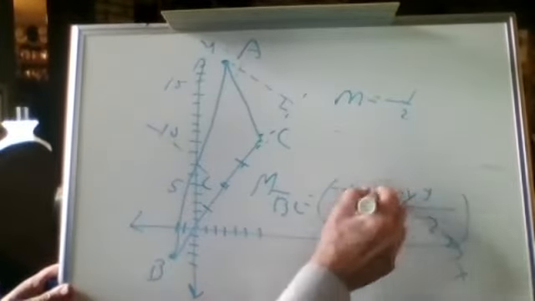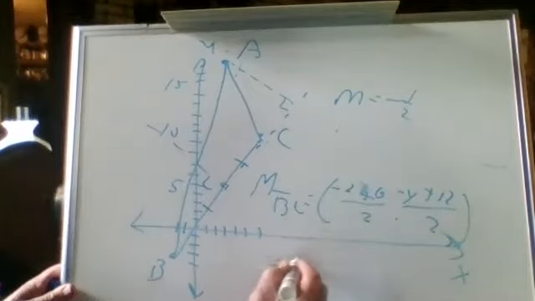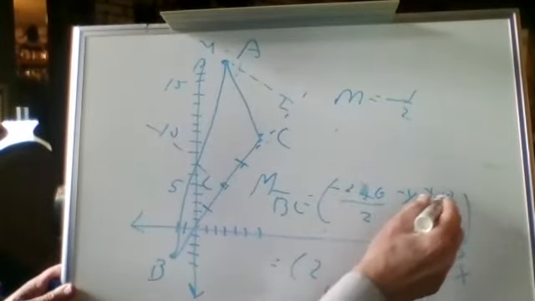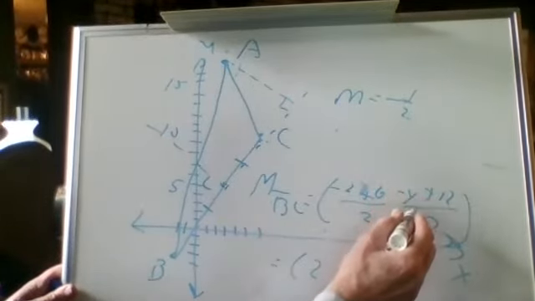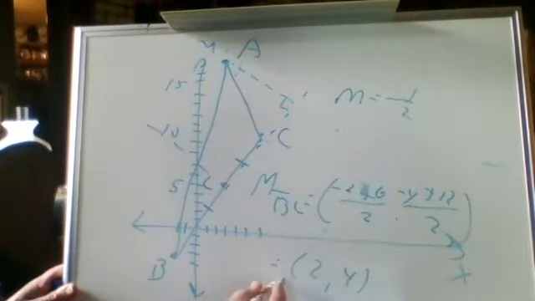C was 6 and 12. So 6 minus 2 is 4, divide by 2 is 2. 12 minus 4 is 8, divide by 2 is 4. So the point is 2 and 4.